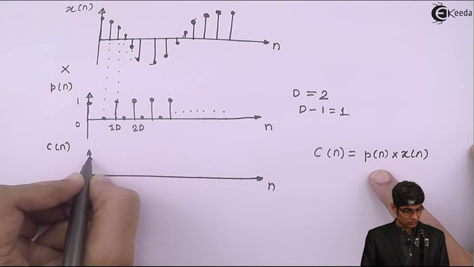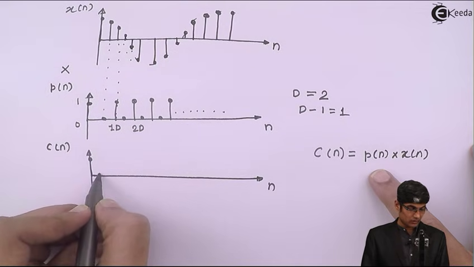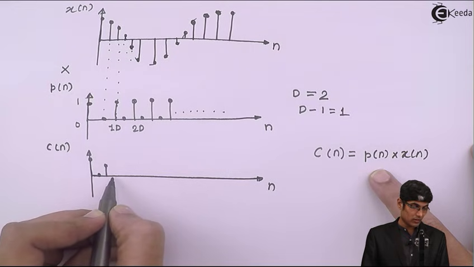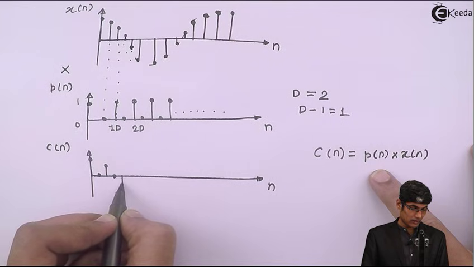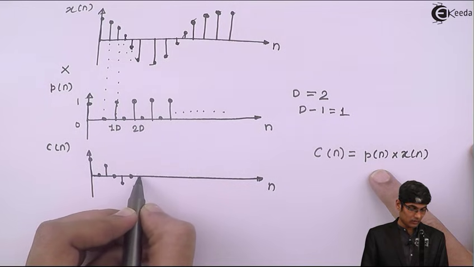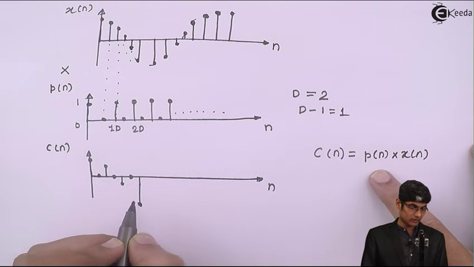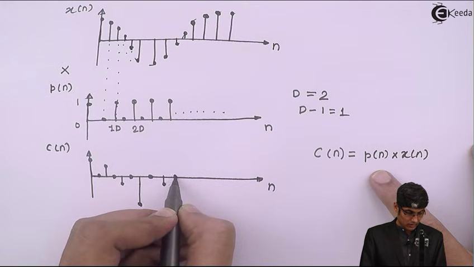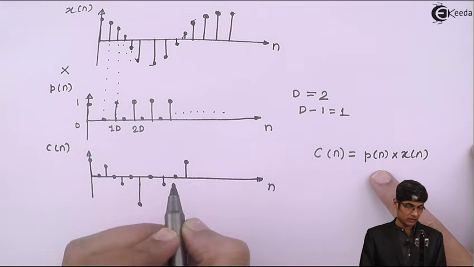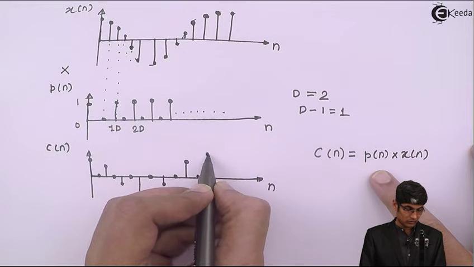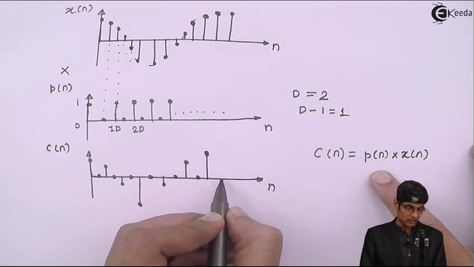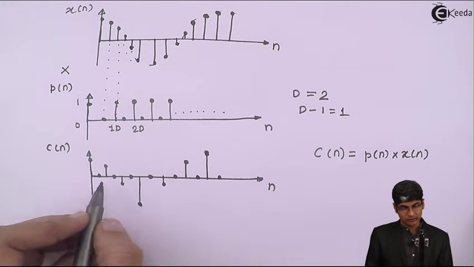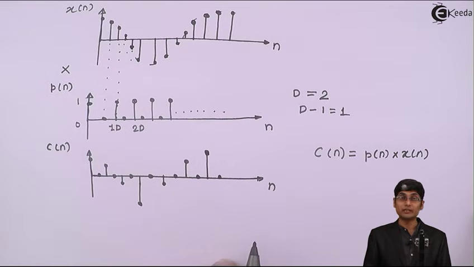Here I will get something high, then a 0, then a much lower value, then a 0, then a negative value, then a 0, then the highest negative value, then a 0, and so on. Wherever there are zeros, I am going to get 0 values, and wherever there is 1, it will be C of n.